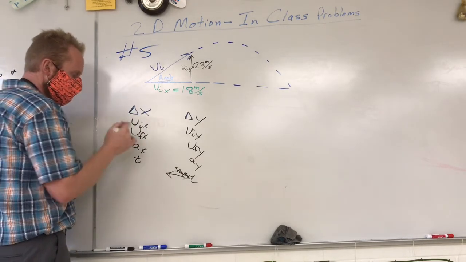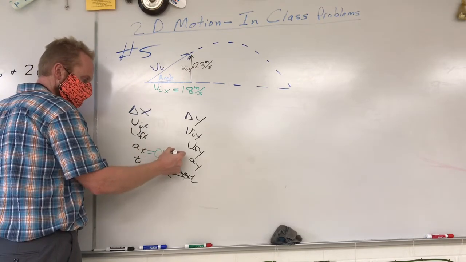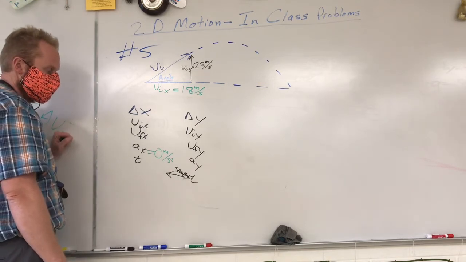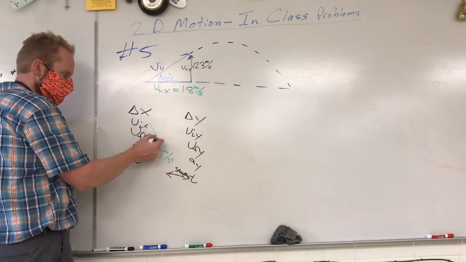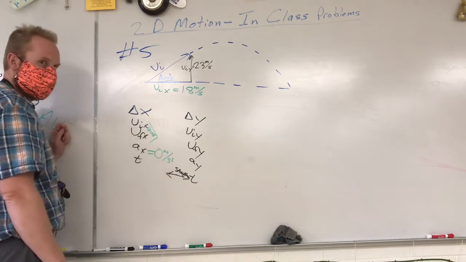So with my green marker, because it's a projectile motion problem, we can say my AX is equal to 0 meters per second squared. Because my AX is equal to 0, my VIX and my VFX are the same.